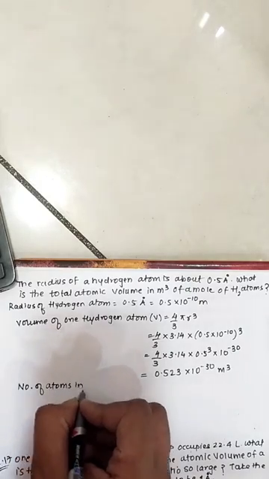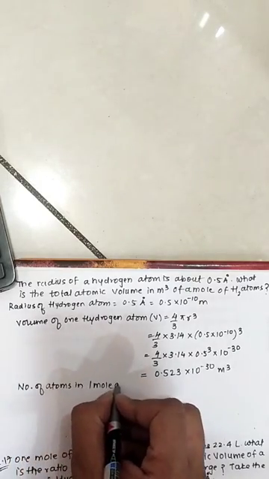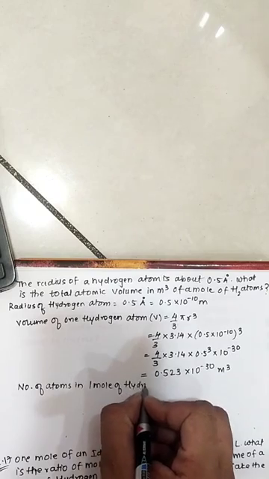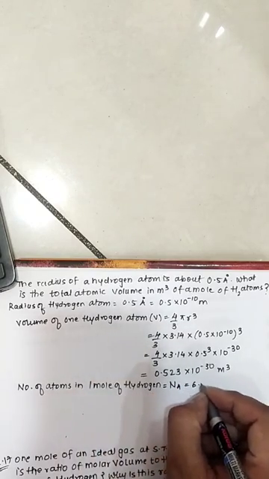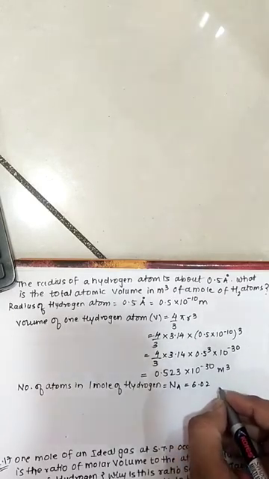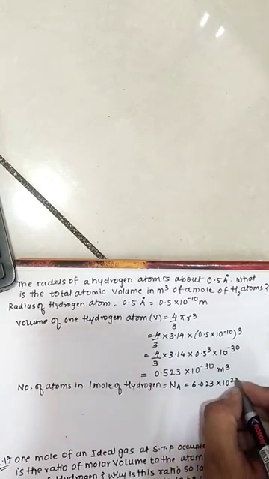Now the number of atoms in 1 mole of hydrogen, that everybody knows, that is the Avogadro number, Na, equal to 6.023 into 10 power 23 molecules or atoms you can say.